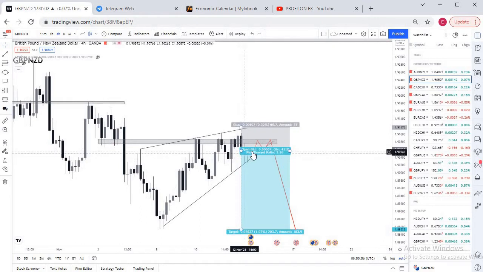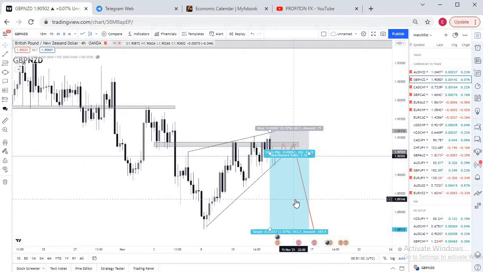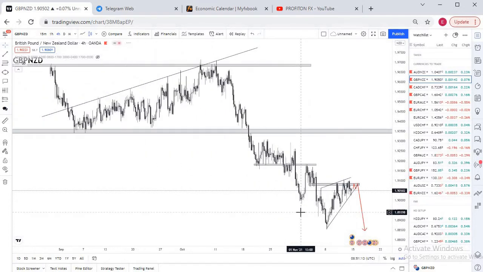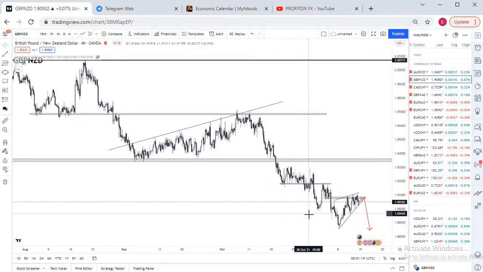If we have a little bit more rejections at this point and the price is totally unable to move to the upside, then I'll be looking to short this market, even if it will be for just a short-term trade. So that's what I'm looking at on GBPNZD.